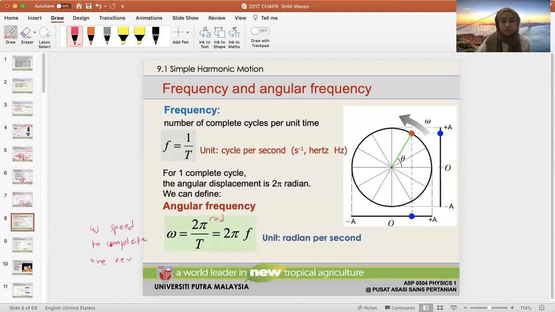The speed is the displacement, 2 pi radians, over the time for 1 revolution, which is T, the period. So it's 2 pi over T or 2 pi f, because f is 1 over T.